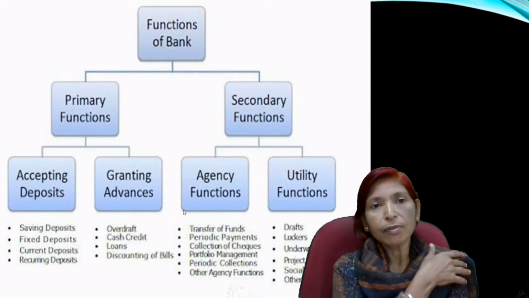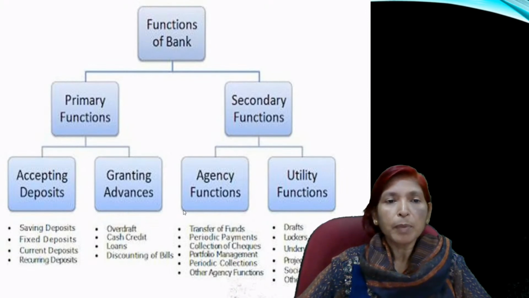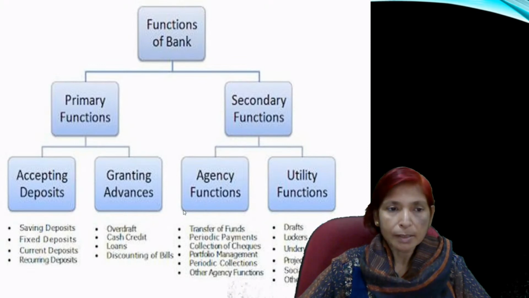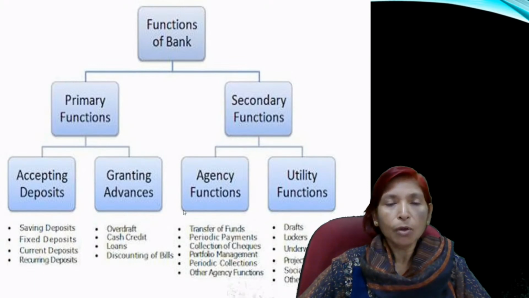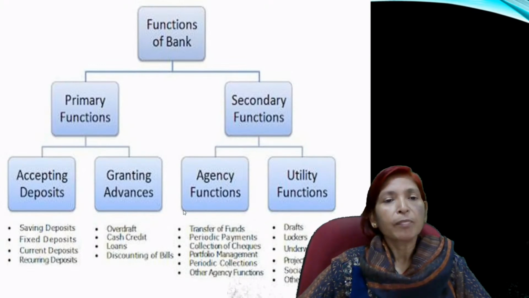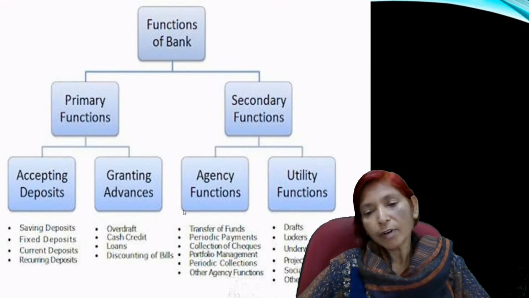Now, the functions of banks can be classified into two main parts: primary functions and secondary functions. In primary functions, the main functions of the bank are accepting deposits and providing loans and advance facilities. Bank can also work as an agent and perform utility functions.